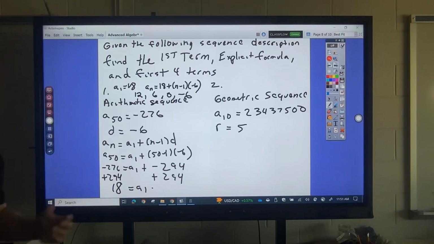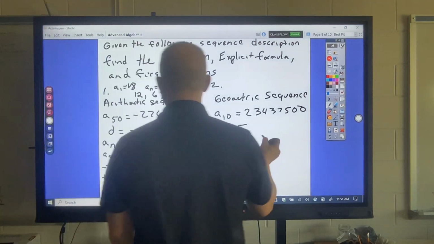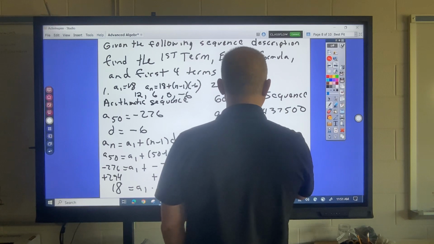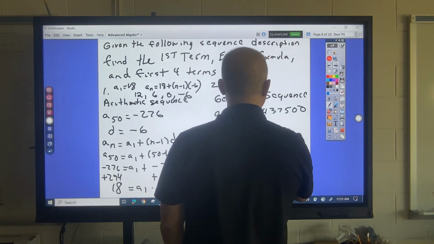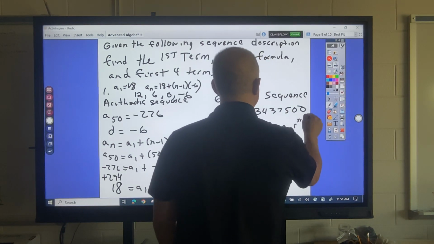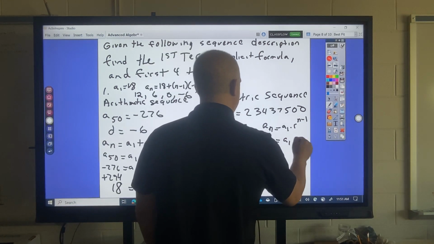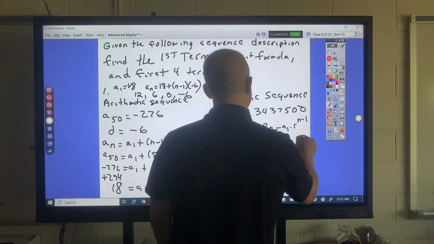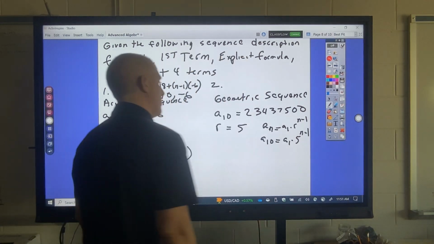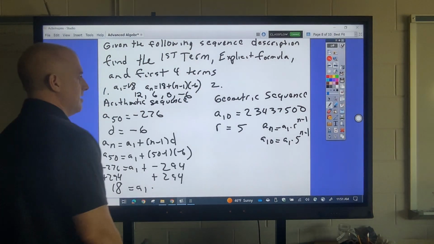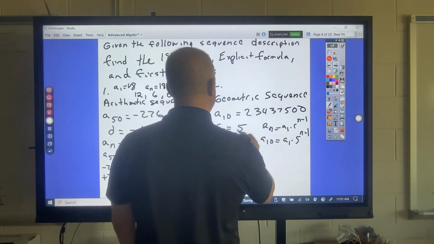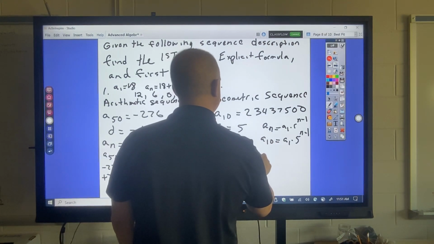All right? The geometric one, very similarly, I got an equals a1 times r to the n minus 1. So I'm going to do a10 equals a1 times 5 to the 10 minus 1. Okay? All right? So what I would have here is a10 is this.